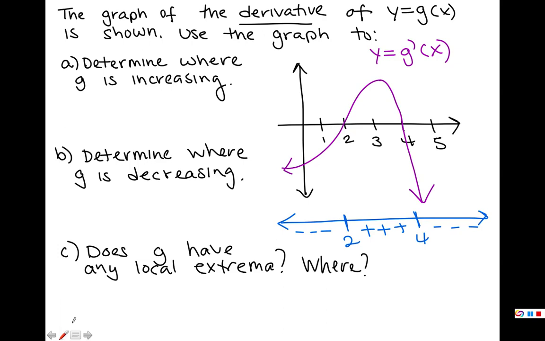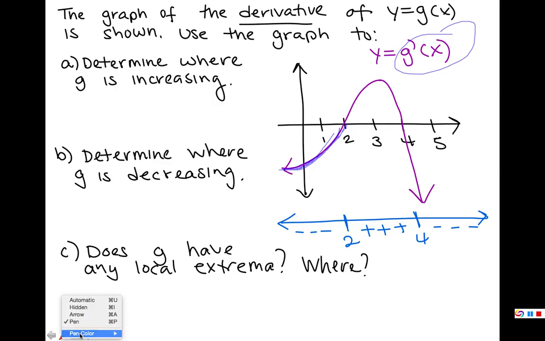I can see that from negative infinity until I get to 2, this region has negative y values. The y values in this region, which represent the derivative, are all negative. And so that's why I put negatives in my table.